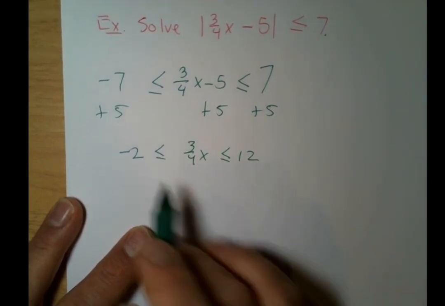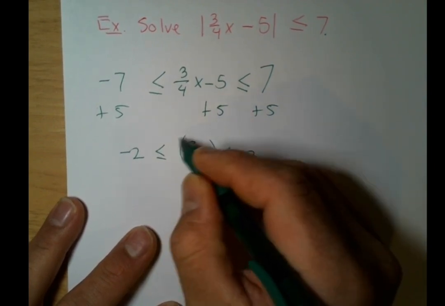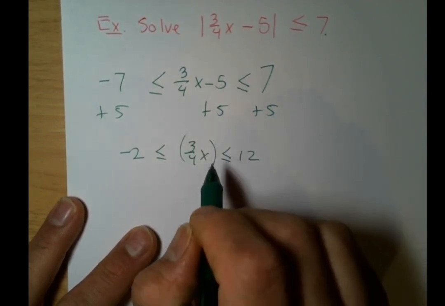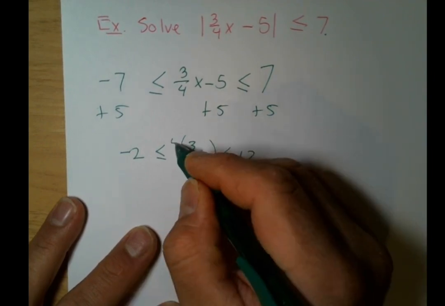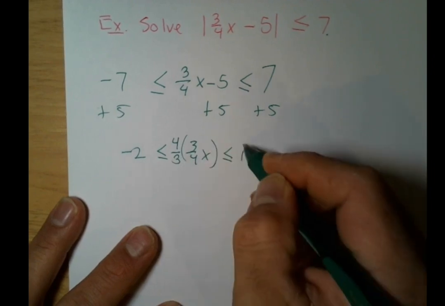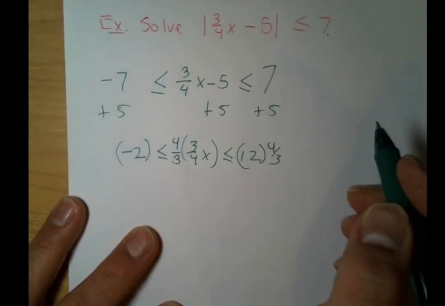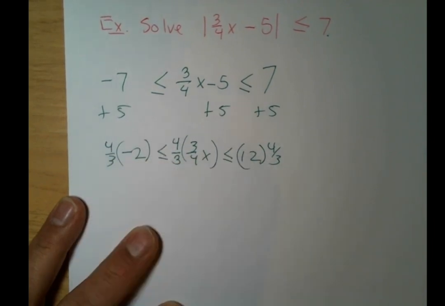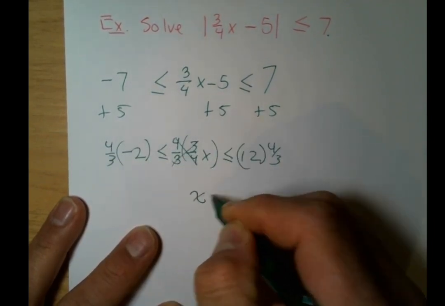And then from here we multiply by 3/4. Oh, excuse me. We want to reduce this to 1, so we multiply by its reciprocal, in this case being 4/3. We see this reduces to 1.